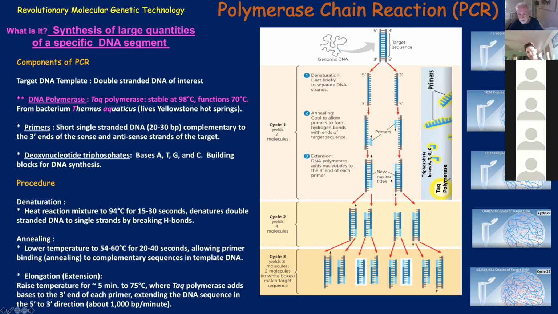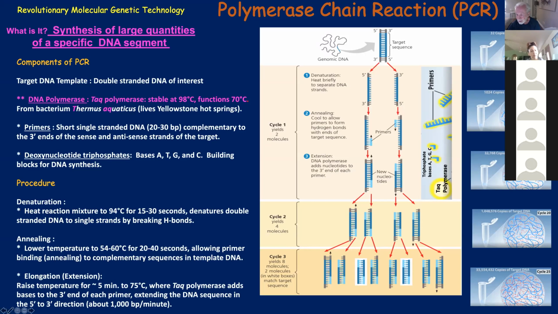And then you do it all over again. You heat, cool, extend with a moderate temperature, and now these 2 copies have become 4. And then you do it again. Cycle 3, now the 1 copy has gone to 8. And after cycle 5, there are 32 copies.